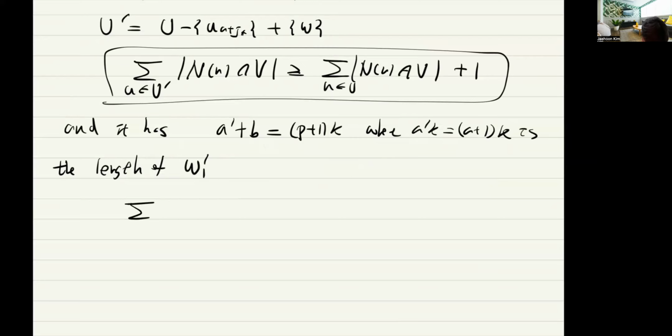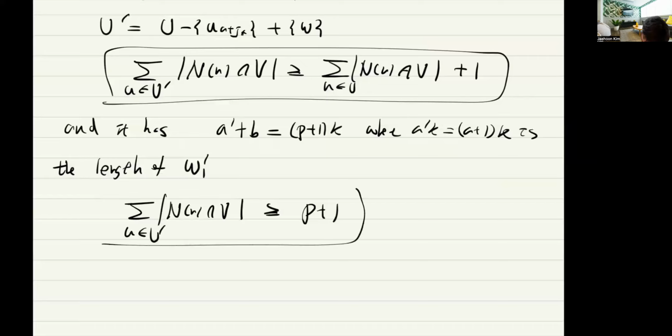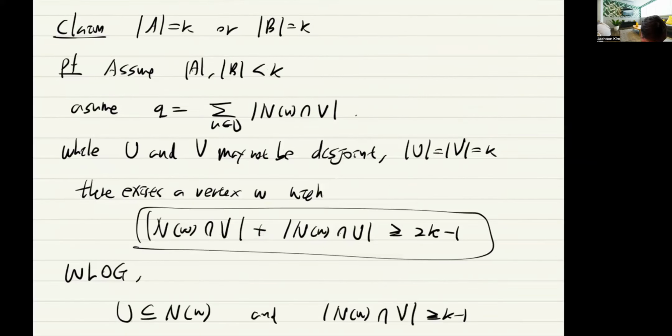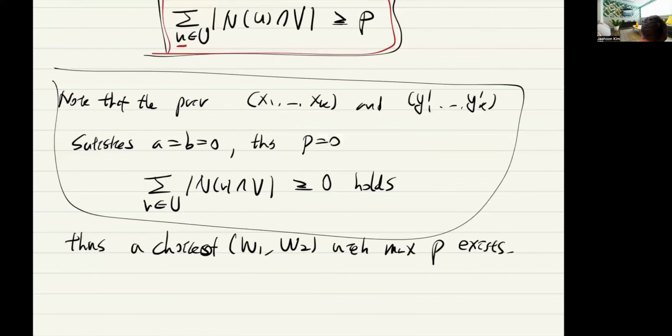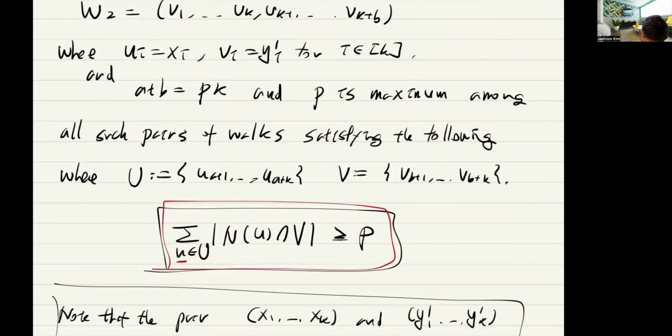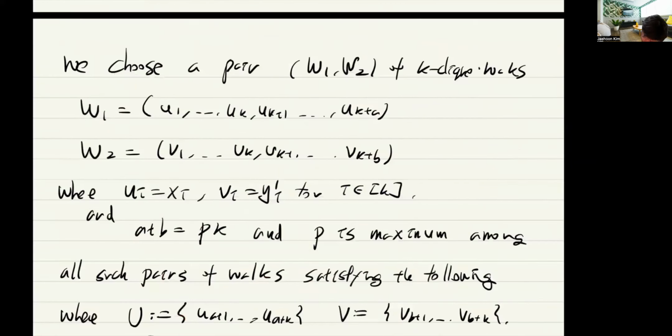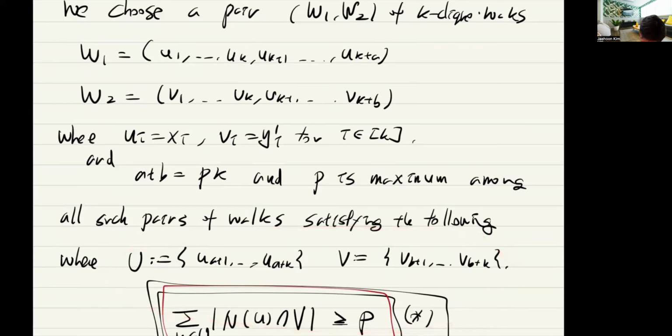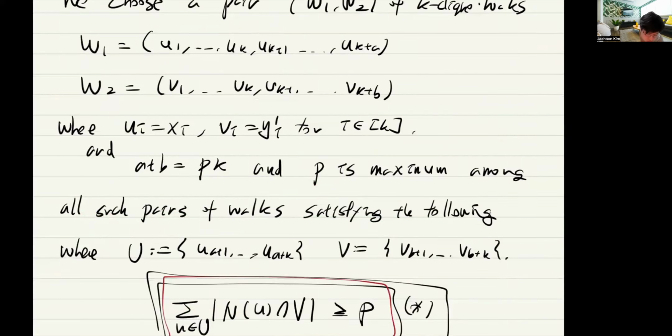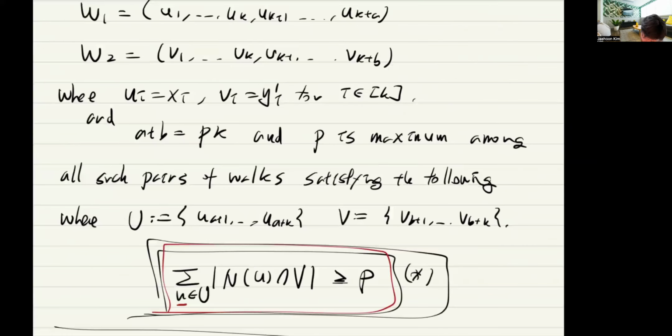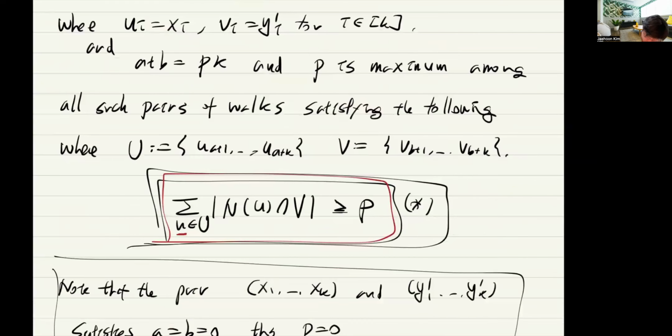Then this new choice still satisfies this condition. So this new choice is the one that satisfies this condition, but it is longer than our previous choice. But that's a contradiction, because our previous choice was the one which maximized this P among the ones that satisfy this.